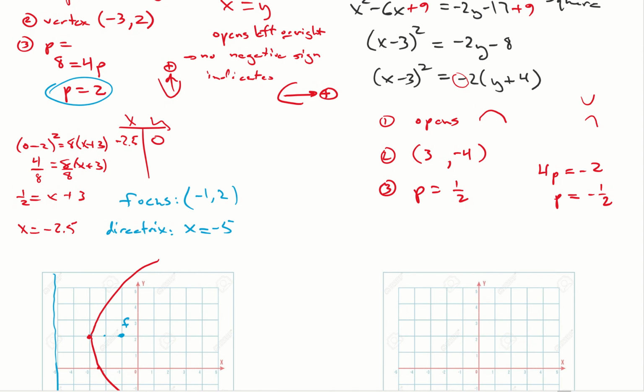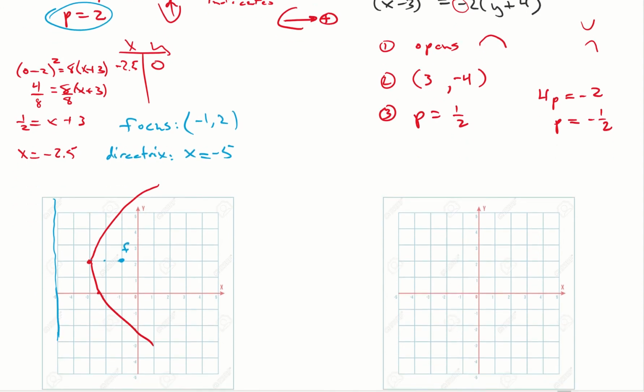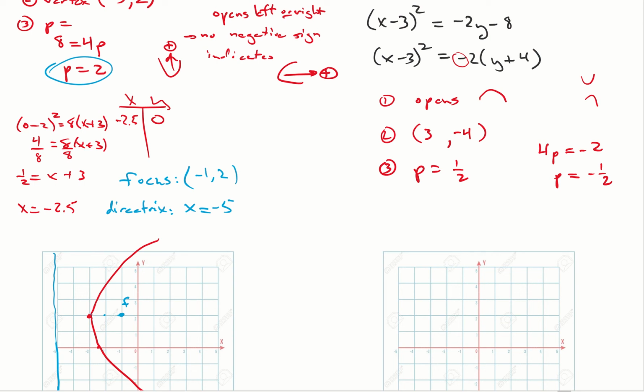So let's start graphing. It opens down, it goes through 3, negative 4. Okay, he's way down here. So he's opening downward, and we can also figure out the focus and stuff. But let's grab one more point. And in this case, I think I'll let x equal 2. So if x is equal to 2, we're going for another point. And let's do some math.